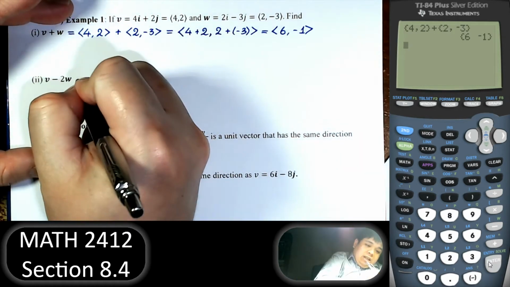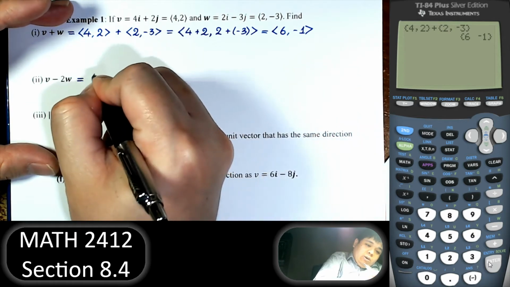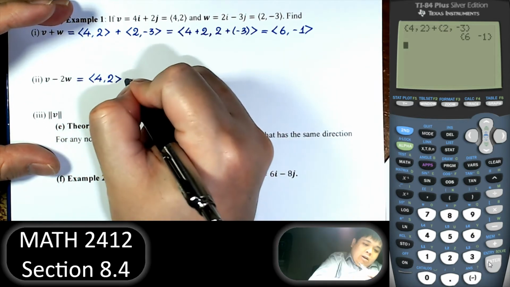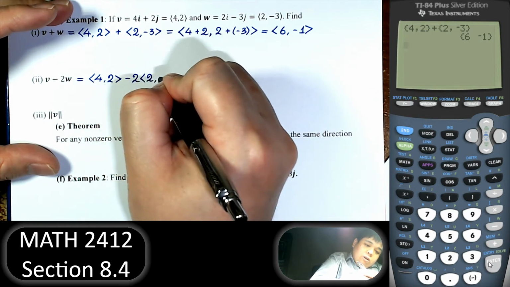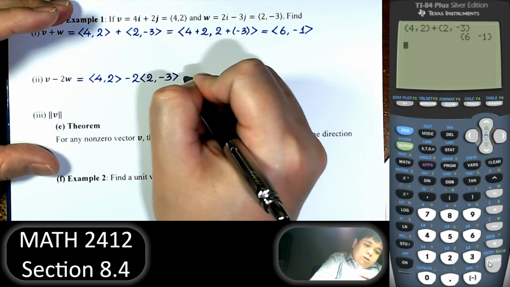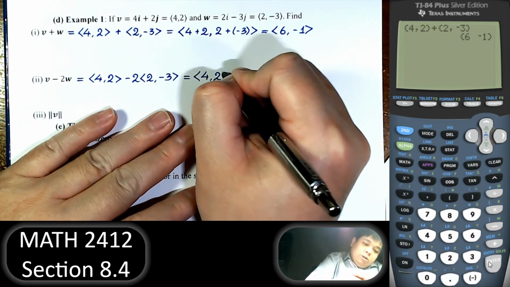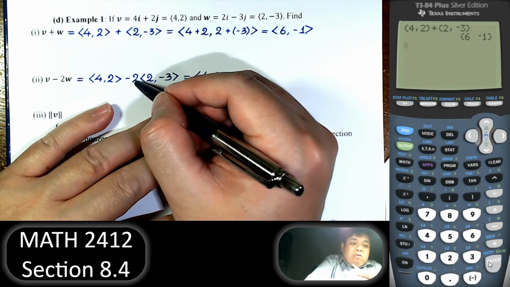Now we have v minus 2w. So we have v is 4 and 2, minus 2w. So just like all the operations, we multiply the 2 first.